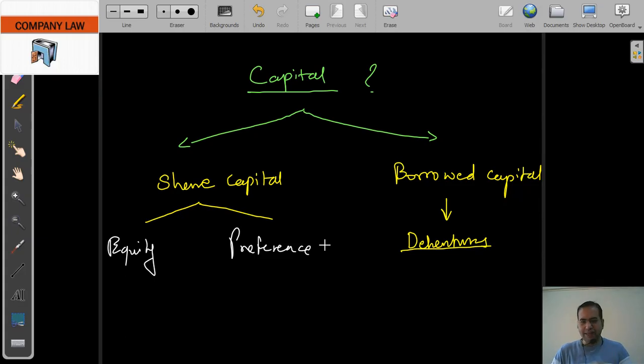If we talk about borrowed capital, or the loan, it is used to mean money borrowed by the company and secured by issuing various debentures and other securities. So debenture is one of the very popular forms of borrowed capital. It is not a proper use of the word capital for that matter, because companies are required to give some kind of interest over it.